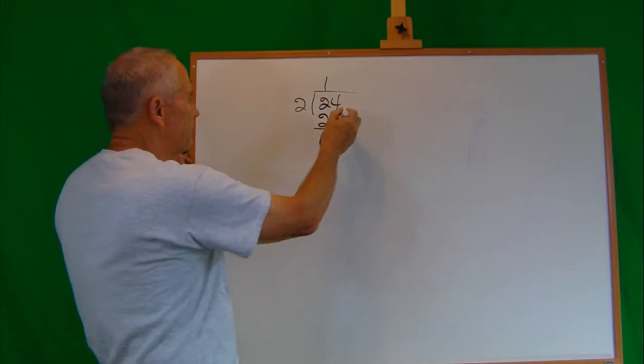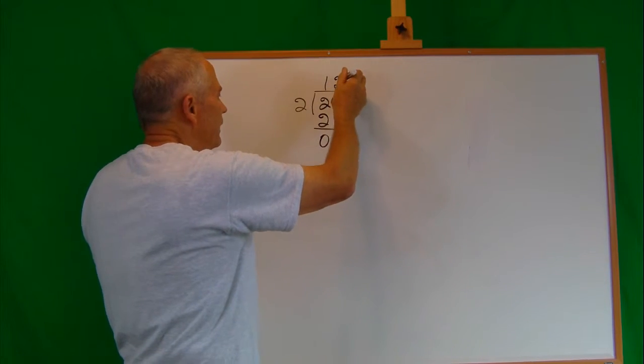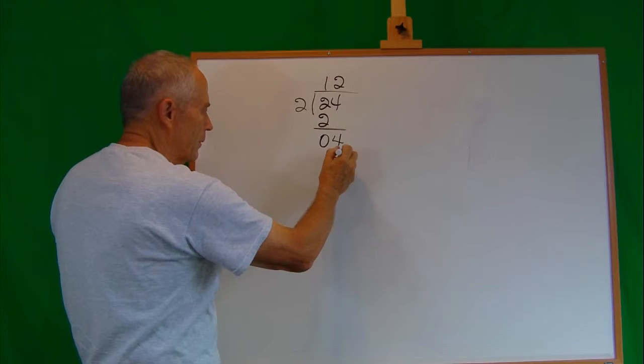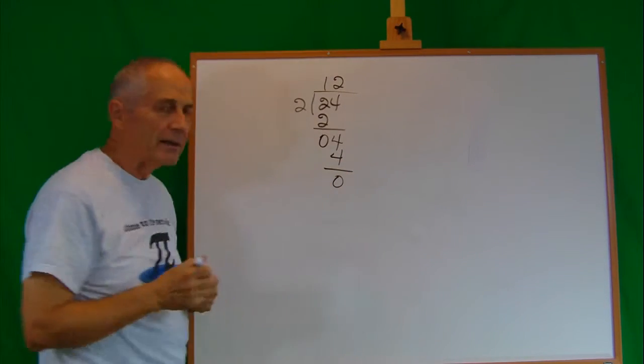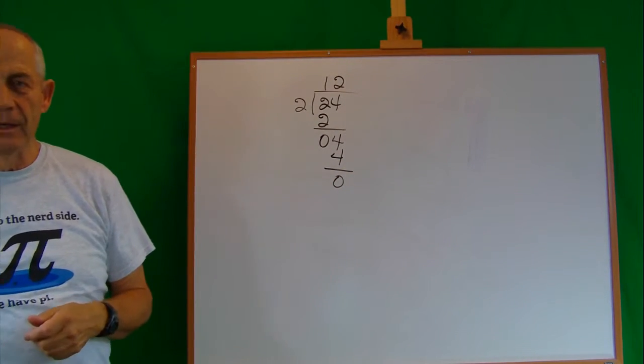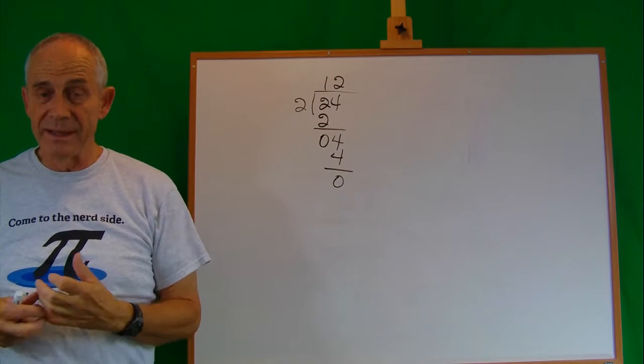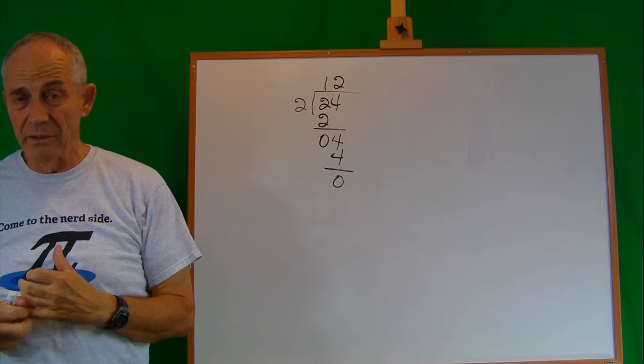So 2 will go into 4 twice. Then I multiply to see how much of that I used. 2 times 2 is 4. And when I subtract, I get 0. So 2 will go into 24 12 times. That's kind of how we do long division.